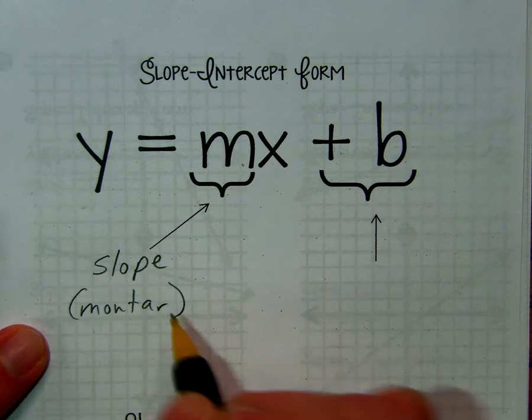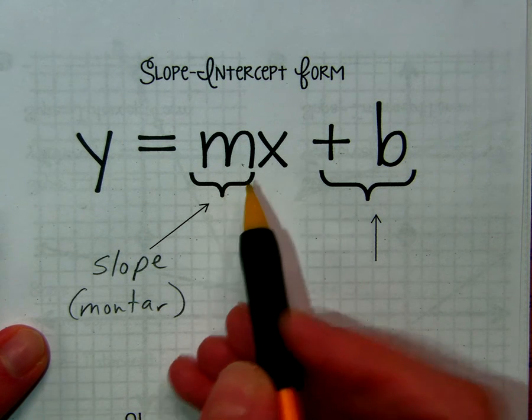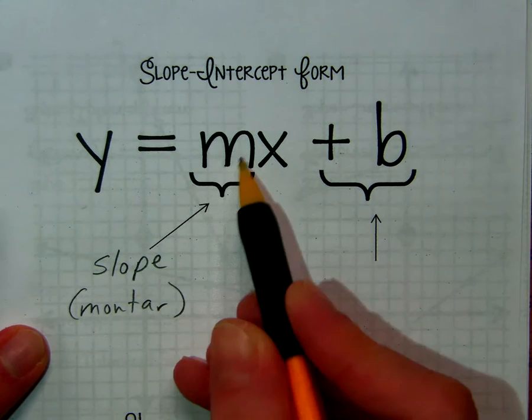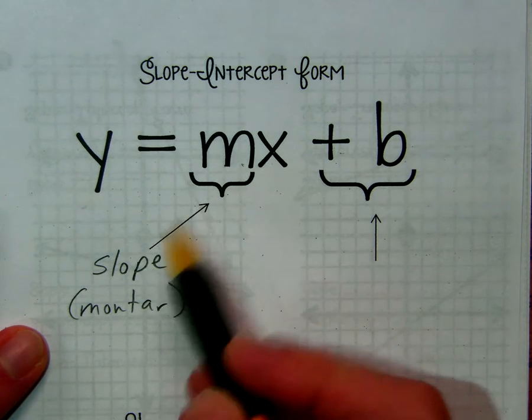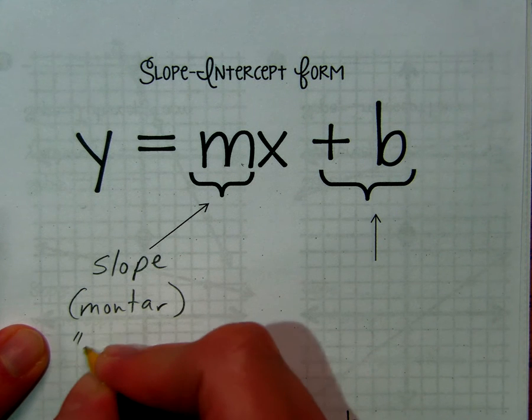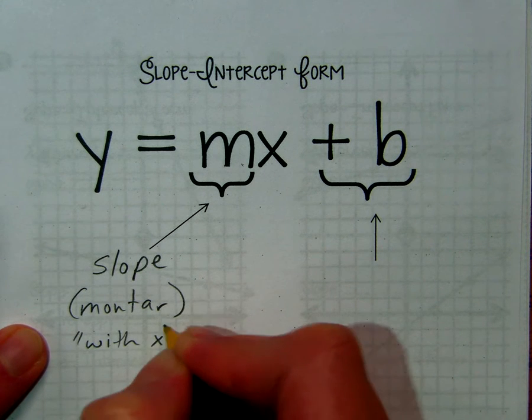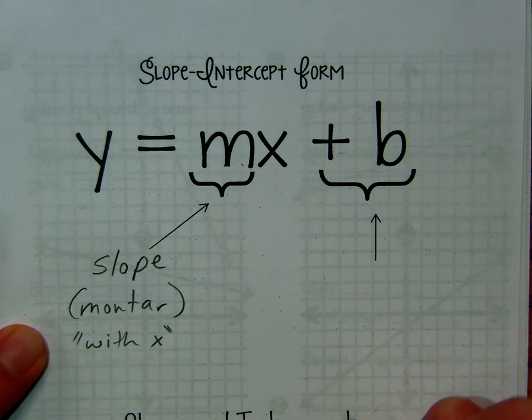They used this word montar, something like that, which is like mountain for slope. And so in another language it started with an M, and basically that's why there's an M there. And the slope is always in front of x. It's always with x. Even if x was over here, the number with it would be the slope.